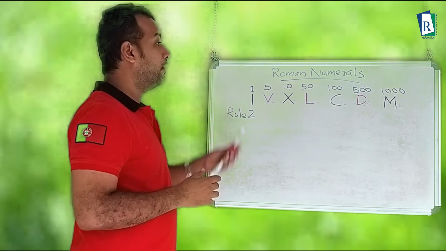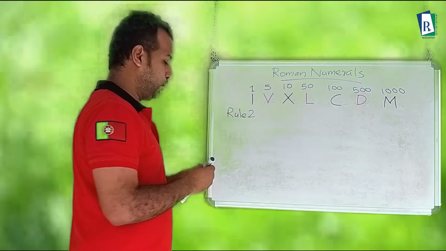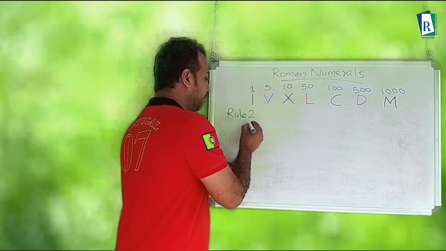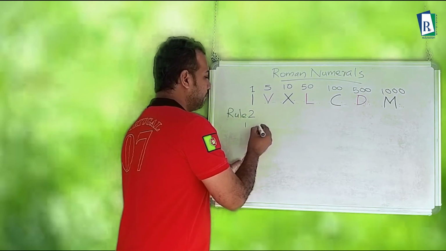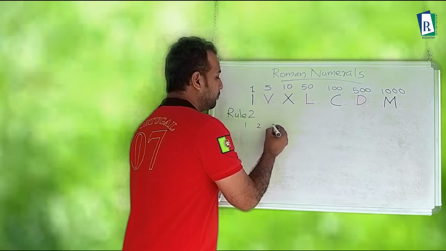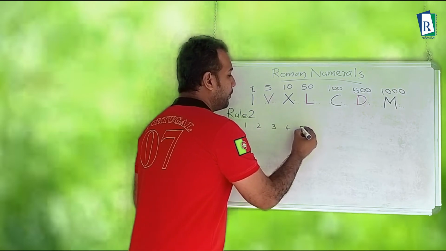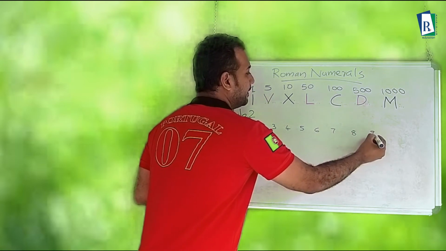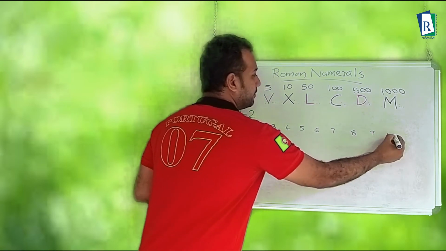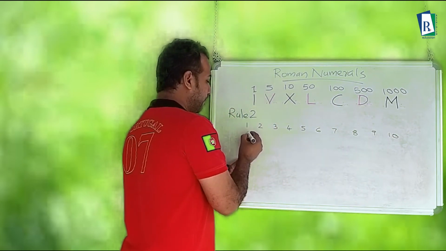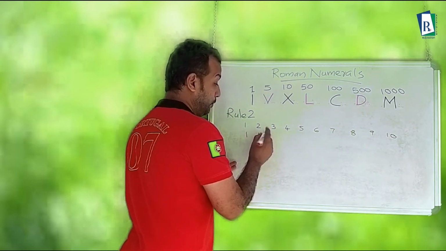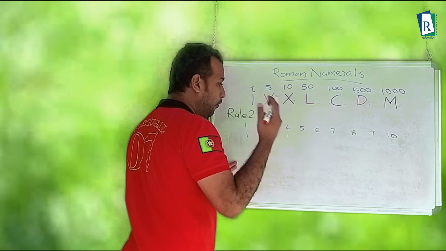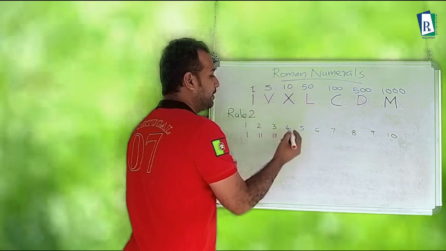By using rule number 1 and rule number 2, I will give you something. So we told up to 10. How can we write 1, 2, 3, 4, 5, 6, 7, 8, 9, 10 by using the rules, okay? 1, 2, 3, 4, not 4, like how will you write that? 5 left side 1.